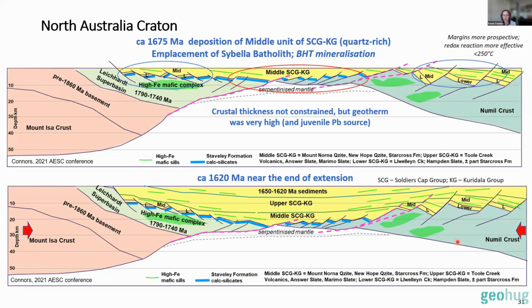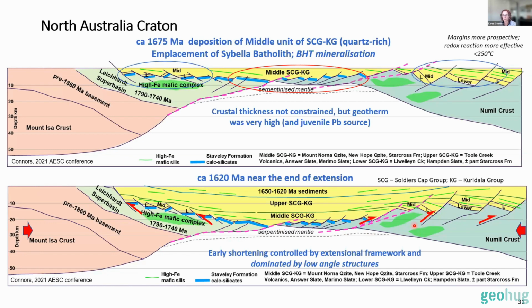Now, looking at this lower section, this is my point about the low angle structures dominating during early shortening, because if this is the stage near the end of extension and just before the start of the Isan orogeny, when you look at this crust, it is obviously going to be the low angle structures that are going to dominate as shortening starts. You're not going to form steep structures in this hot weak crust.